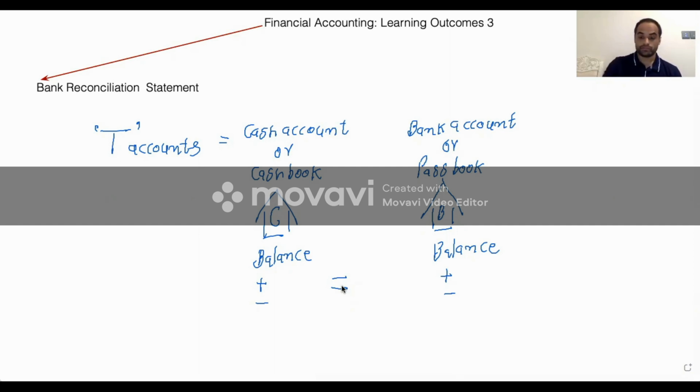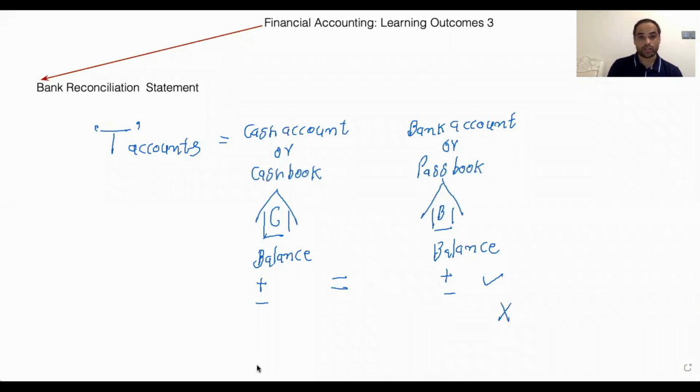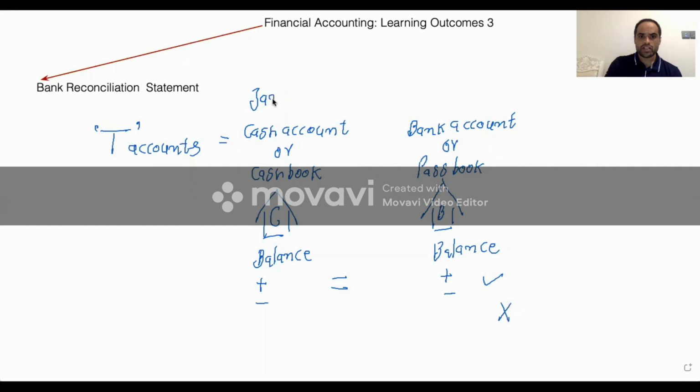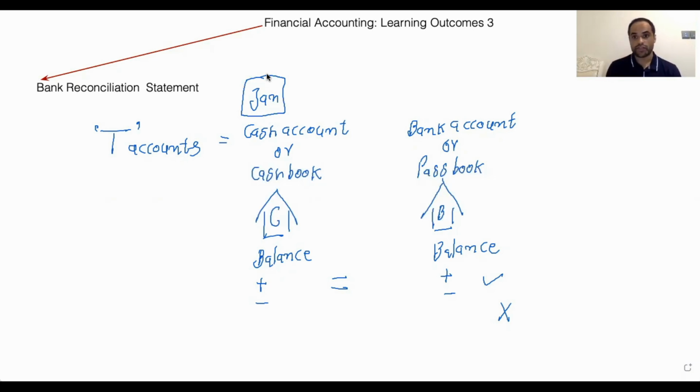Theoretically, it should be equal, but practically it may not be equal. Why may it not be equal? For example, you are preparing cash accounts for the month of January, from 1st of January to 31st of January, right?